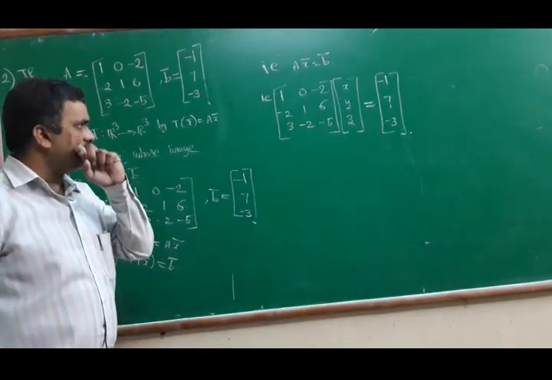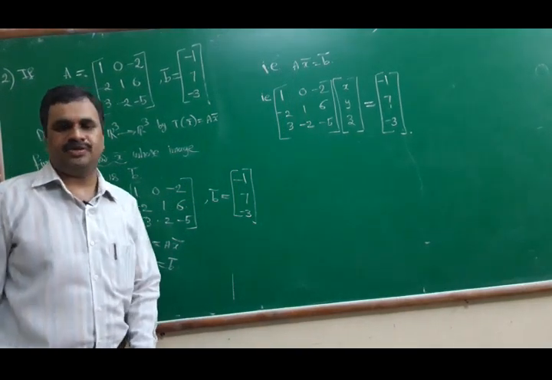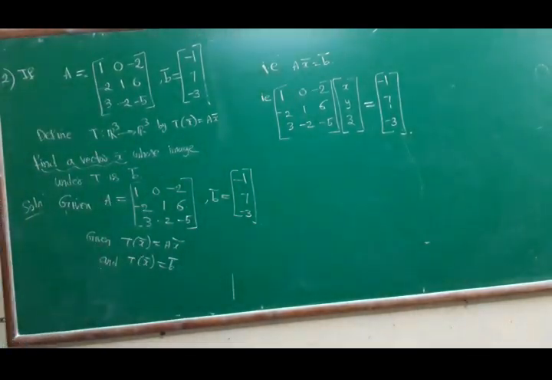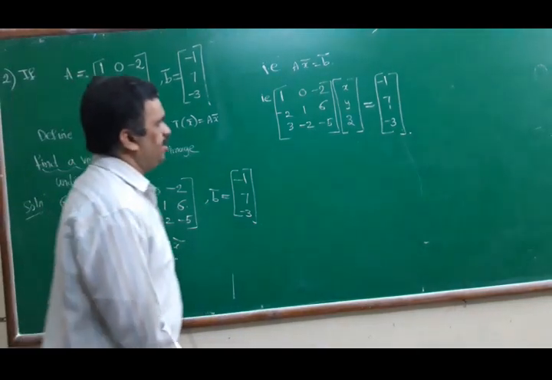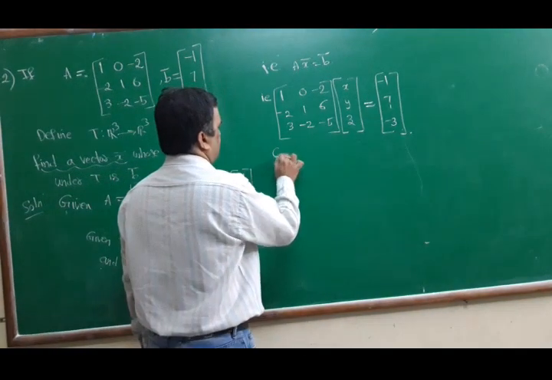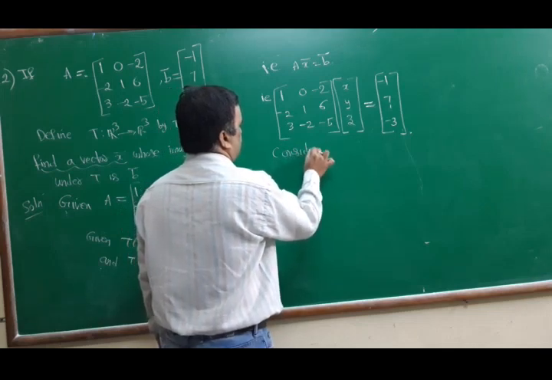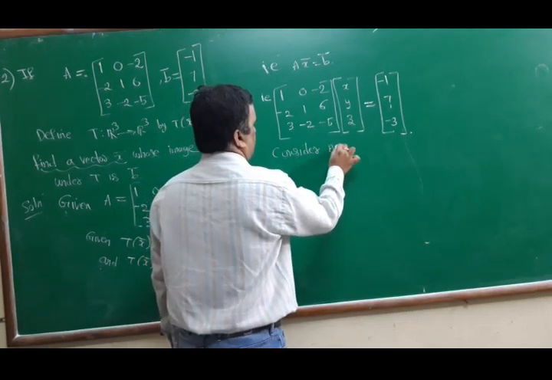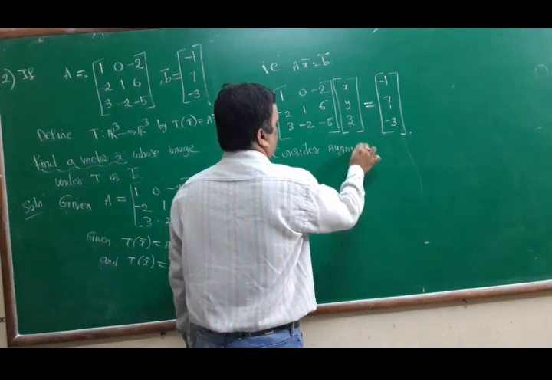I have to find the x, y, z values so that I can give the x bar vector. For this, I will consider an augmented matrix.